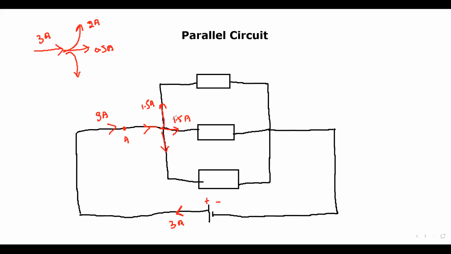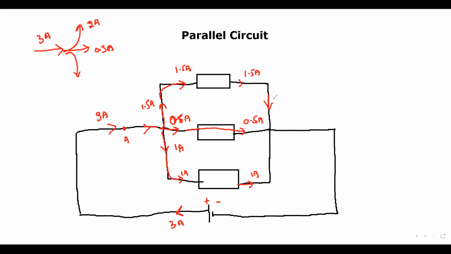So if 1.5 here, for example, and 0.5 here, 1.5 is going up, 0.5 is in the center. So this total makes 2. How much is left? Left is 1 ampere. So this 1 ampere will flow through this component, 0.5 ampere will flow through this component, and 1.5 will flow through this component.